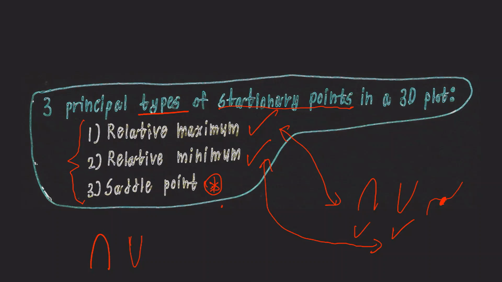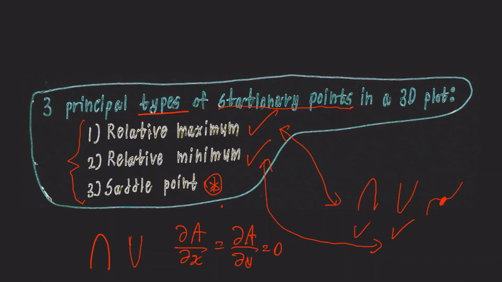It's a stationary point, so the first order partial derivatives, del A/del x and del A/del y, are still 0.